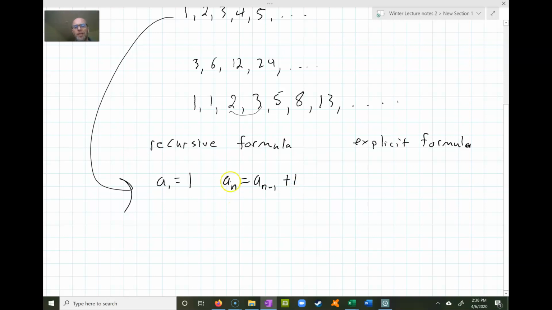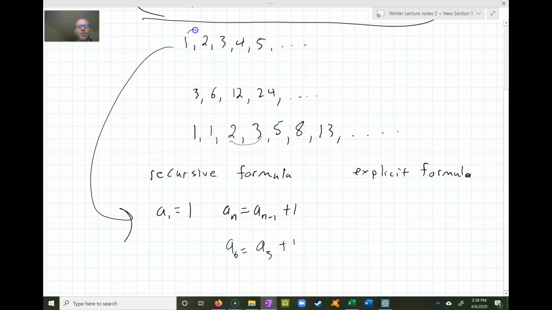So for any term a sub n, a sub n minus 1 would signify the term before it, because if this is a sub 6, then this would be a sub 5 plus 1. Right? And you can look back up here: to get from one term to the next, you're always adding 1.